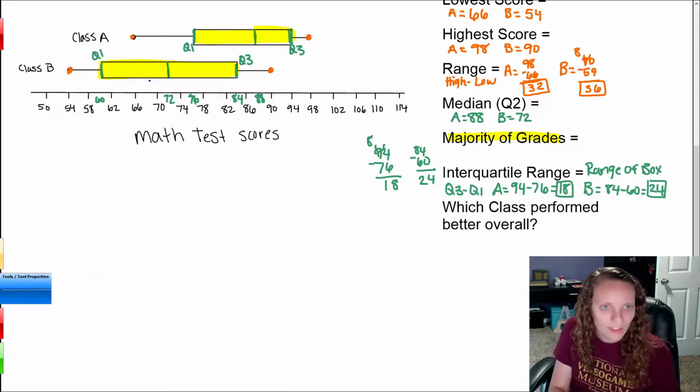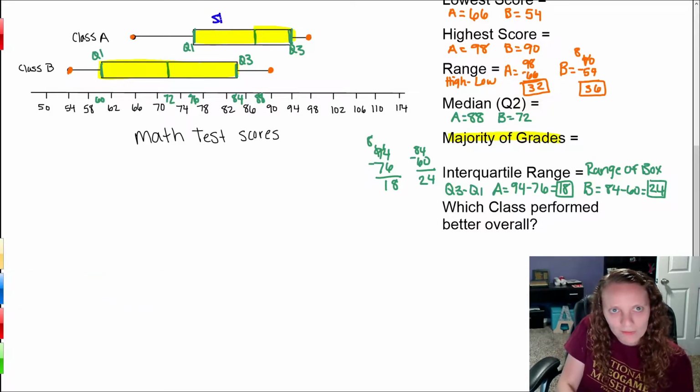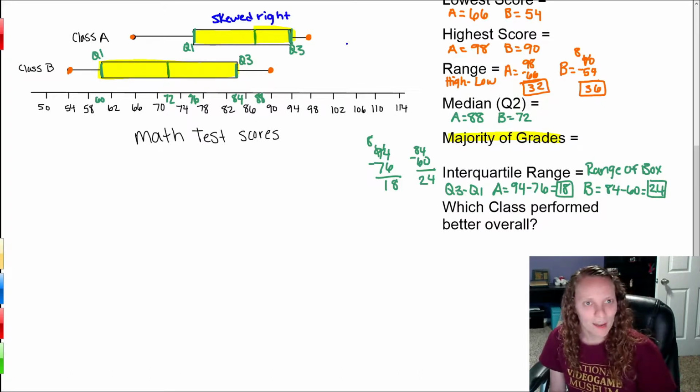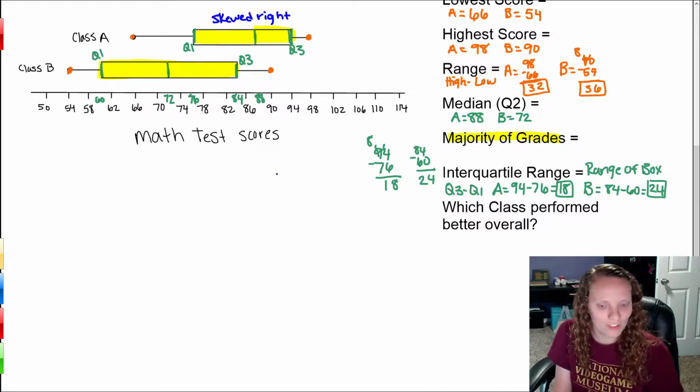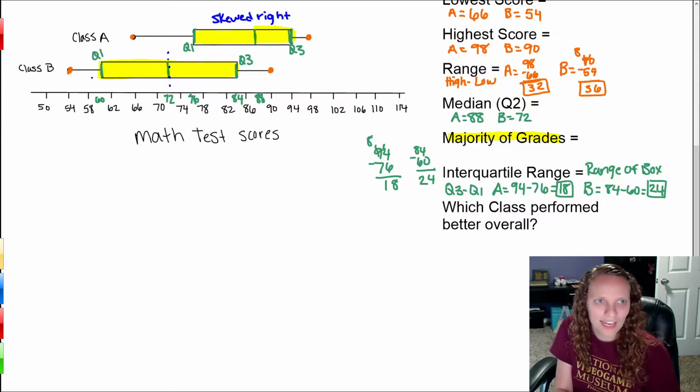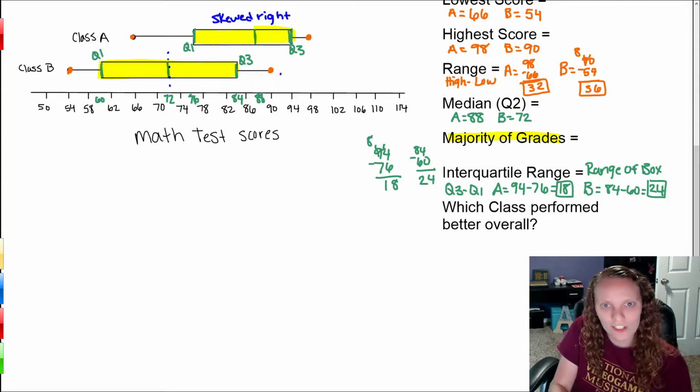So I'm going to call this skewed right. Now class B, if you look at that picture alone, it's not really skewed right or left. I'm noticing it seems very symmetrical, meaning it's the same on both sides. If I drew an imaginary line right here, it looks the same on the left side as it does the right side. So this one is very symmetrical.